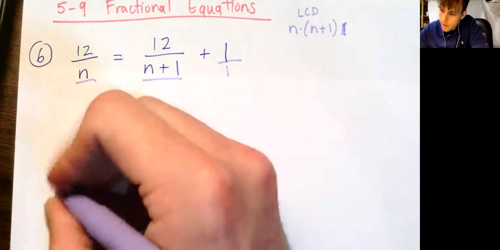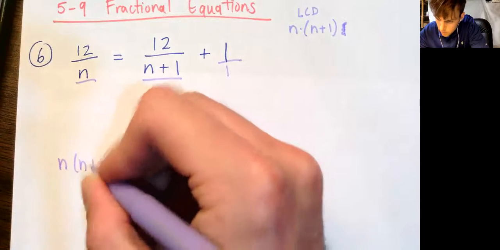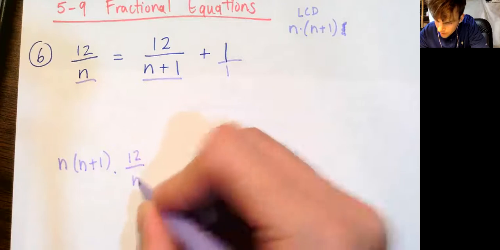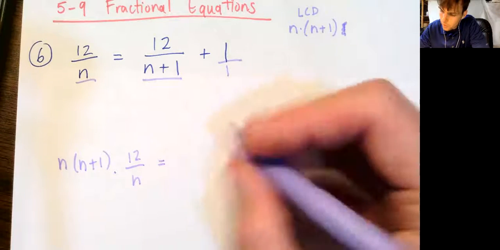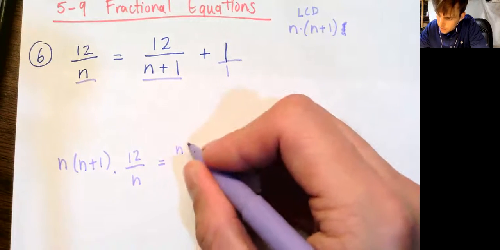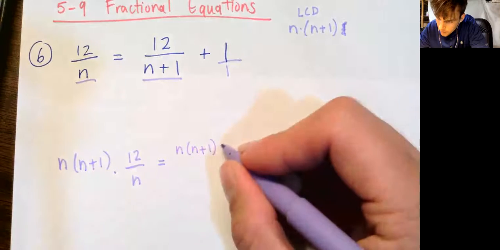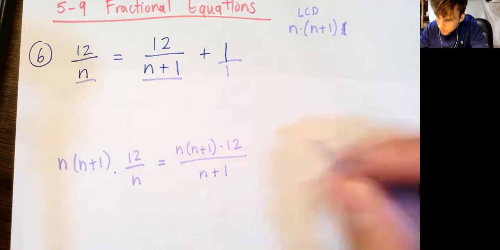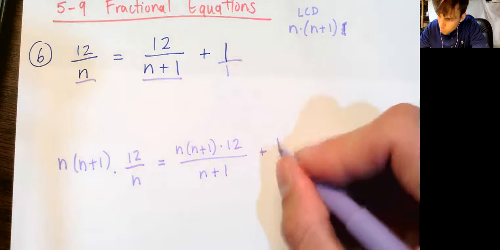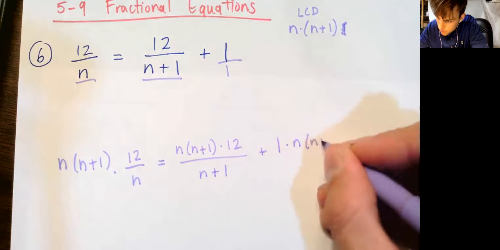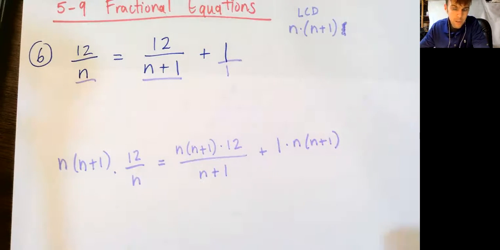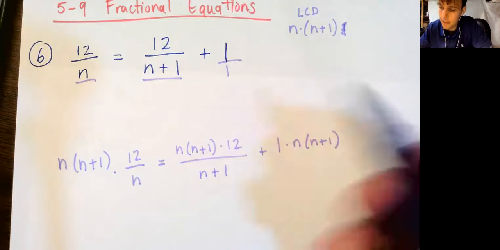Okay, we have n times n plus 1 times 12 over n equals n times n plus 1 times 12 over n plus 1, and 1 times n plus 1. So I multiplied n times n plus 1 times all my terms, distributed it to everything. And now I'm going to cancel things out that I can cancel out.